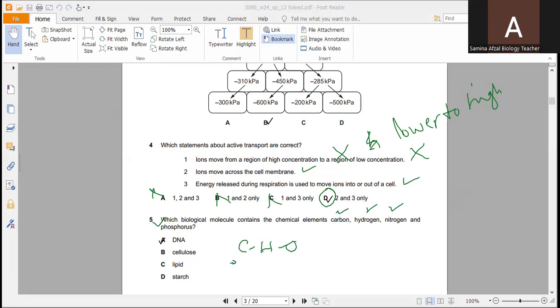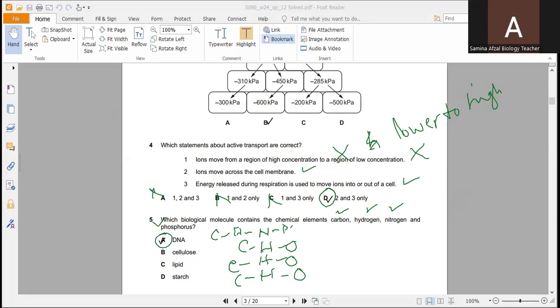Lipid contains carbon, hydrogen, and oxygen. Starch is also a carbohydrate; it contains carbon, hydrogen, and oxygen. So DNA is the one which contains carbon, hydrogen, nitrogen, and phosphorus. So only DNA is the correct option.